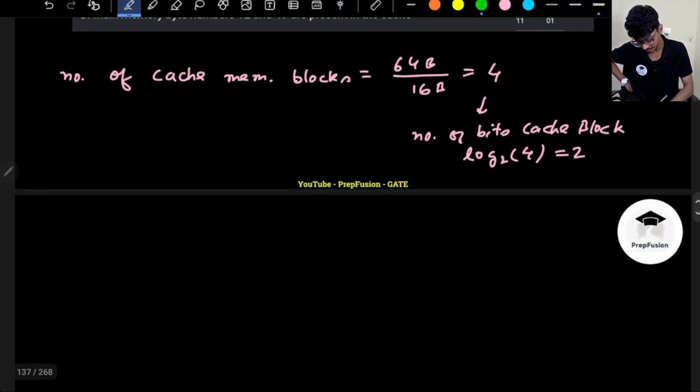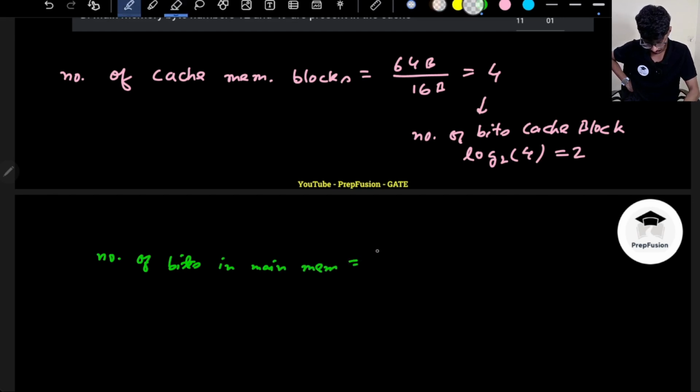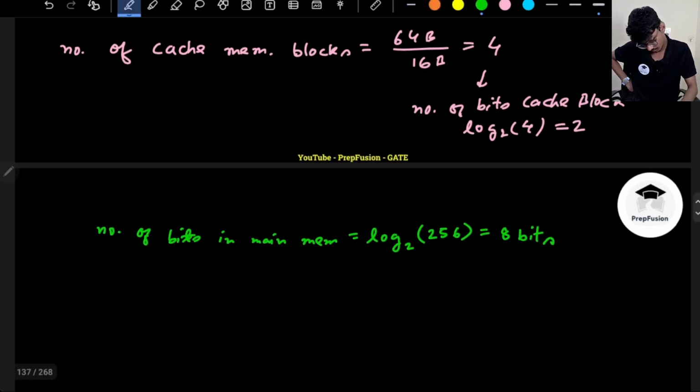So the number of bits in the main memory will be log base 2 of 256, which is 2 raised to power 8. So it will be 8 bits.